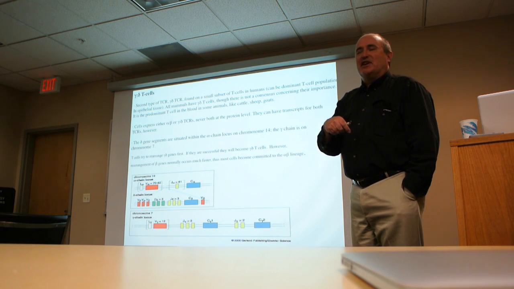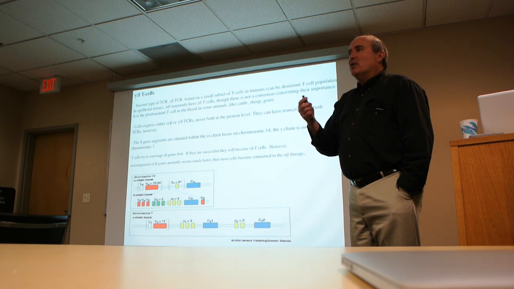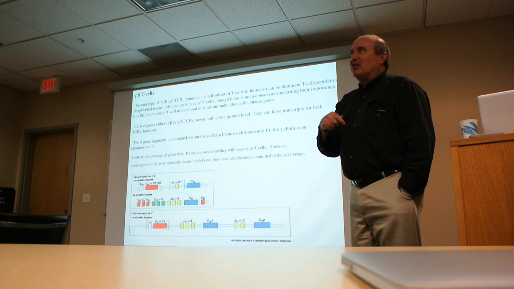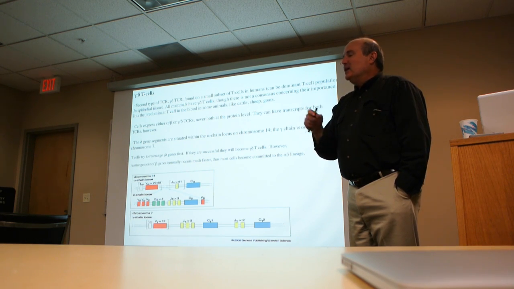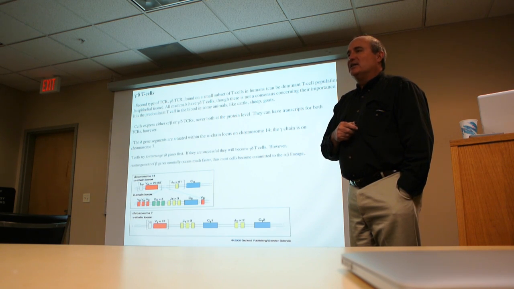Not so much these days, but pretty much through the 90s, a lot more effort was put into a focus on their role in host defense. In certain animals such as cattle, 60-70% of the T cells can be gamma delta T cells.